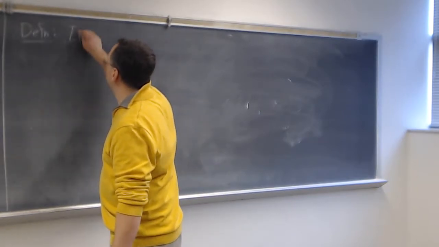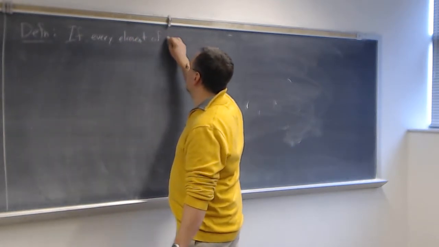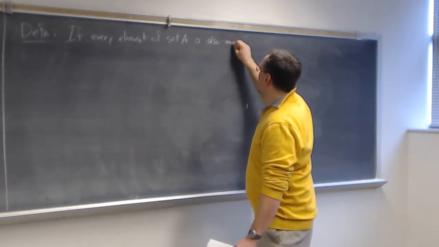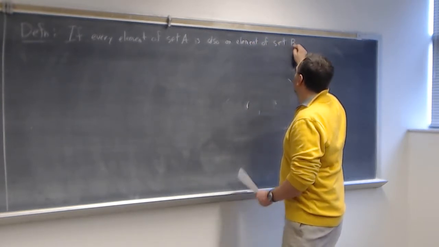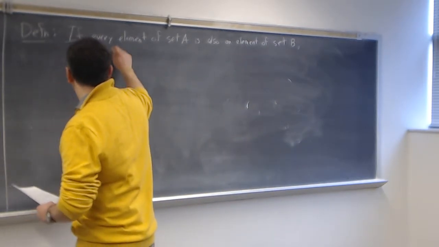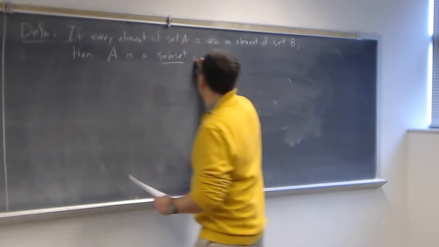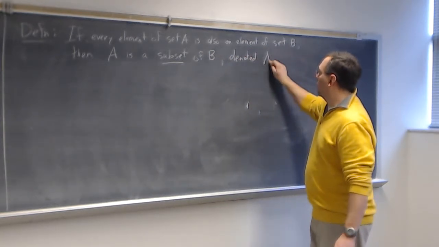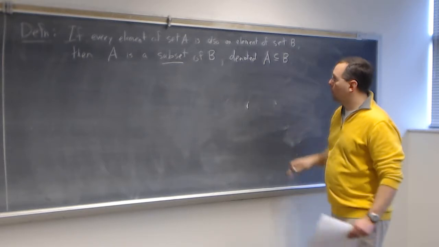Okay, so if every element of set A is also an element of set B, then A is a subset of B, denoted A subset B.